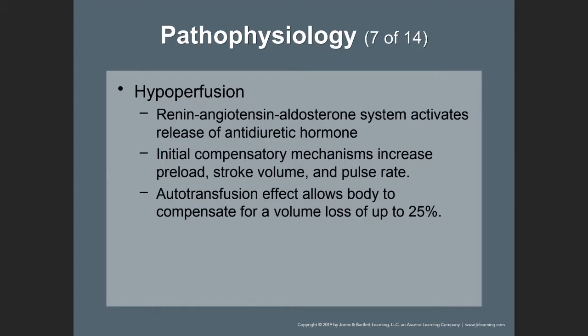Basically, renin, which is a protein enzyme or hormone produced by the kidneys in the juxtaglomerular apparatus, is produced when the blood pressure is too low. Renin will convert angiotensinogen, which is a protein produced by the liver, to angiotensin 1.